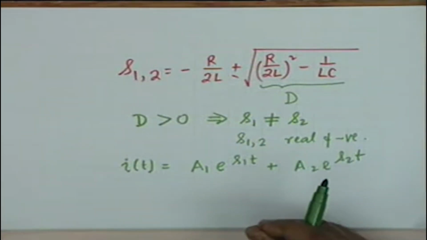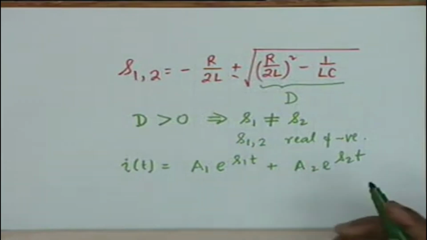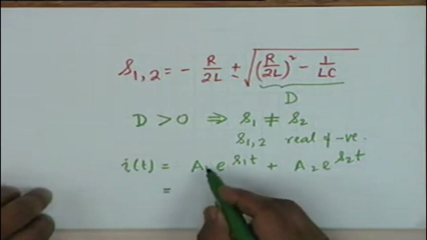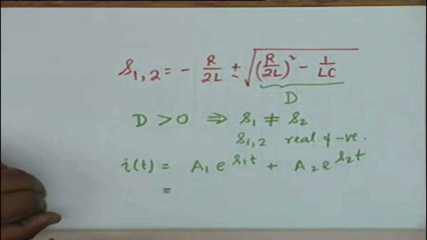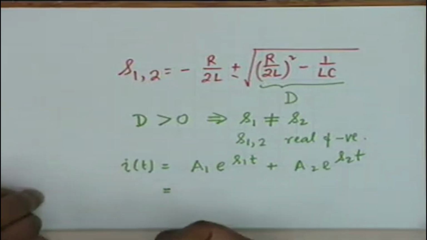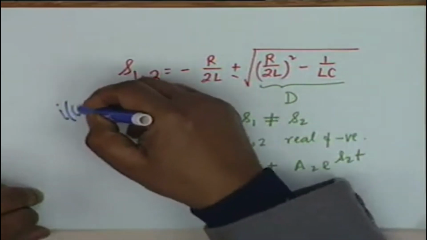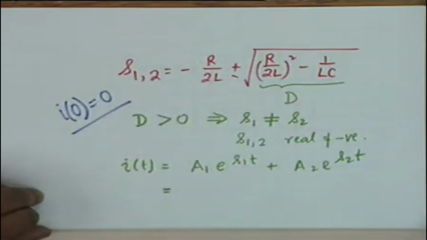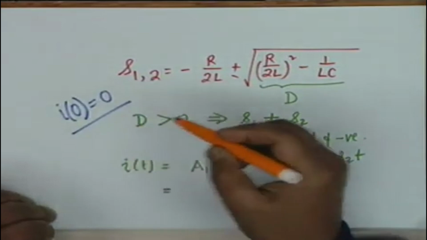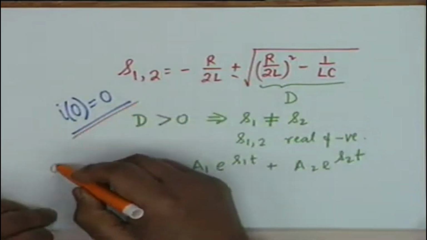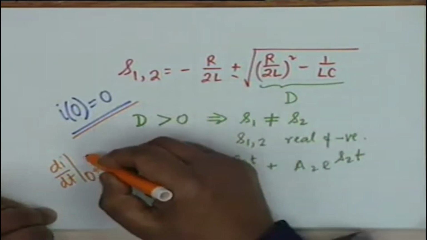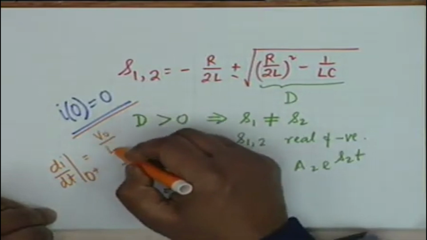And we had taken a specific example to show how the current varies with time. The general solution, we had evaluated A1 and A2 from the initial conditions, and there were two initial conditions to bother about. One of them was that i(0) was equal to 0, and the other initial condition was that di/dt at 0 plus is equal to V0/L.